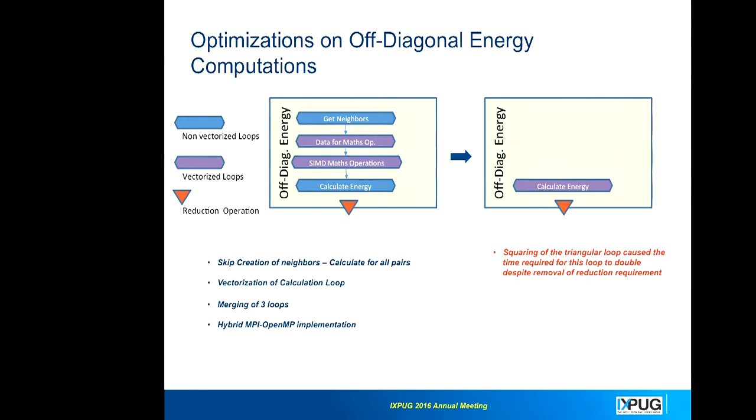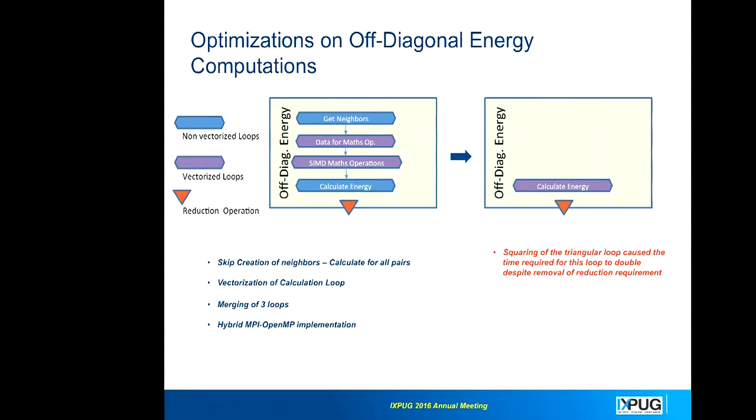Next, why don't we try to remove the reduction? However, this loop behaved very differently compared to radii. As soon as we made this triangular loop into a squared loop, the time simply doubled. So the removal of reduction had almost no impact on the time taken, and we had to keep it a triangular loop.